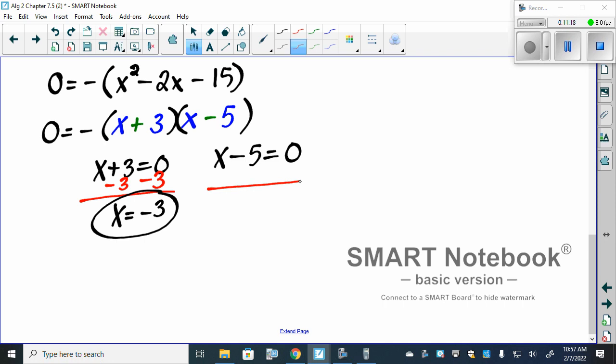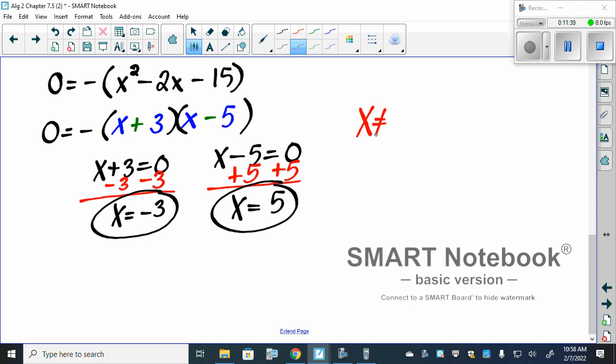Over here we can add 5 to both sides, telling us x is equal to 5. Any questions on how we got negative 3 or 5?